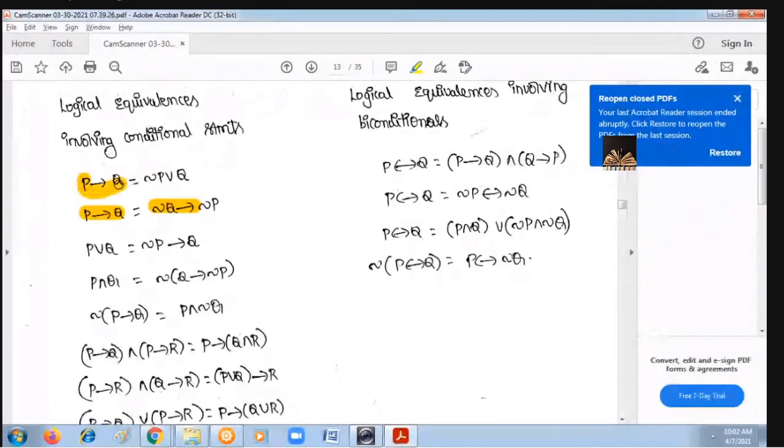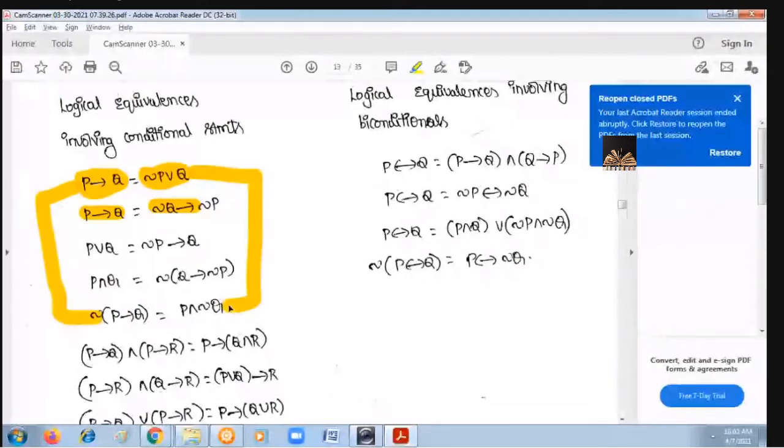Negation of P tends to Q is equal to P and negation Q. That means you apply negation to the P tends to Q using the De Morgan's law, then you will get P and negation Q.